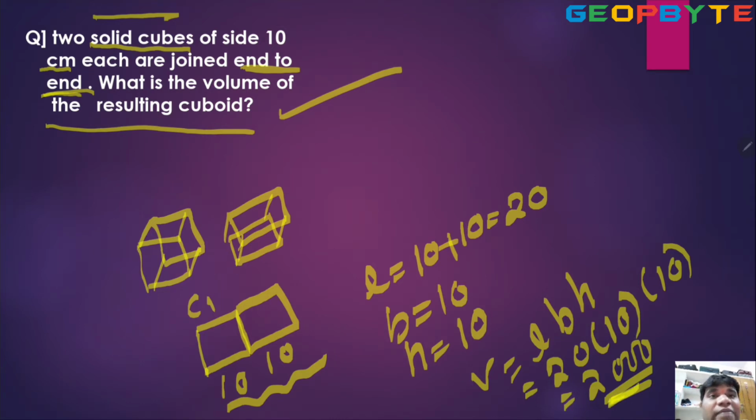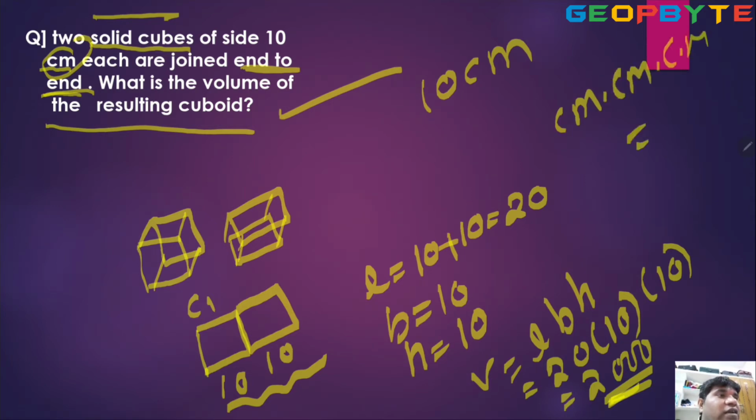What is the measurement? Centimeter they mentioned here. 10 centimeter they mentioned. So length, breadth, height, centimeter into centimeter into centimeter. Then what is the answer? Centimeter cube. That's why, for a cube or cuboid or cylinder, volume is measured in cubic centimeter, cubic meters.